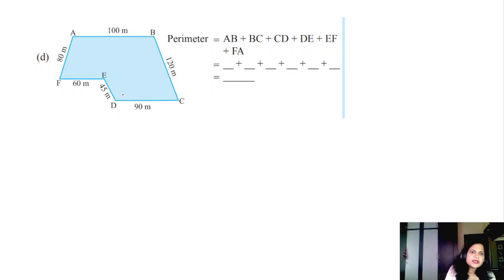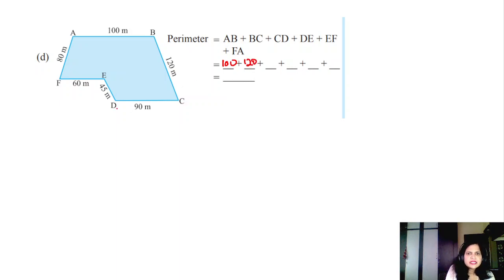Then find the perimeter. This is not a square or a triangle or any regular shape. Like this also you can use a line to measure the measurement of that. In meters it has been given. So find the perimeter of this area. What you'll do is keep on adding all the sides. That's it. Start from AB, 100 meter. BC is how much? 120.